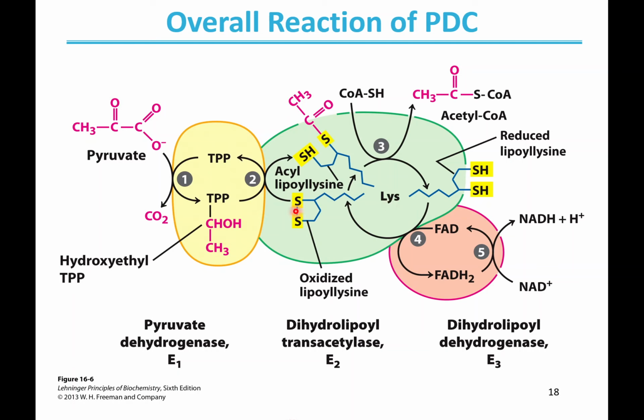Okay, that lipoyllysine then carries that acetyl group to a different site. It's attached to coenzyme A at that site. Okay, that leaves as the product acetyl-CoA. In doing so, you have oxidized lipoic acid that's reduced, that then acts to oxidize those 2 carbons into an acetyl group. Right.